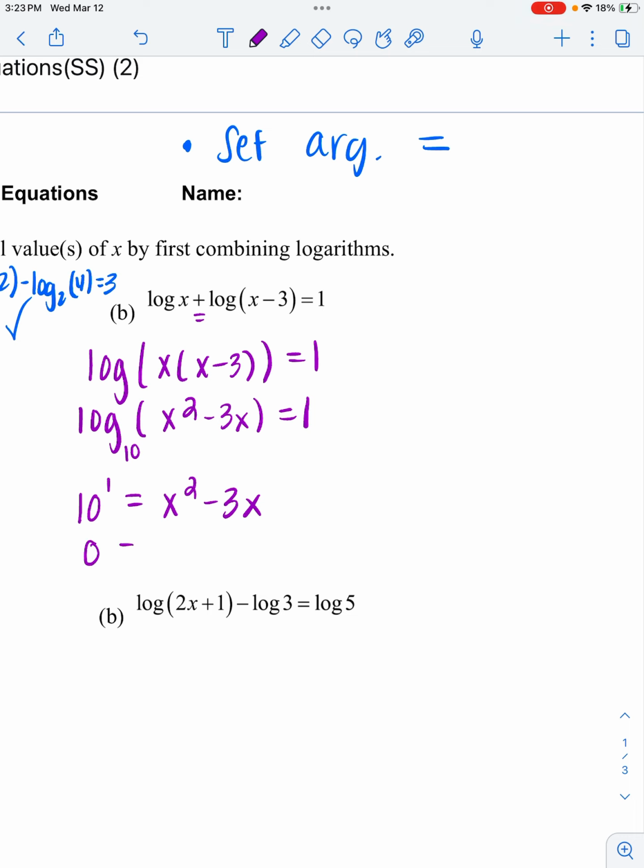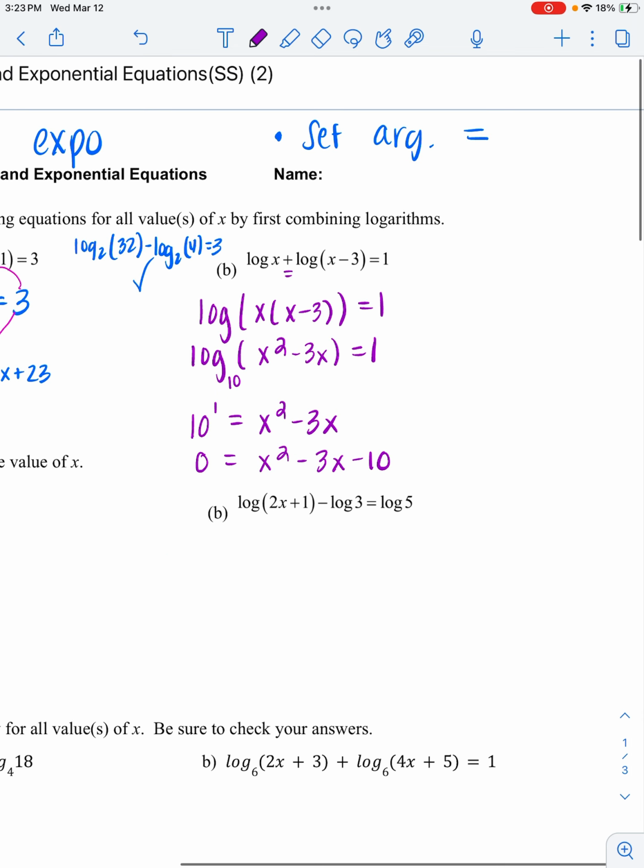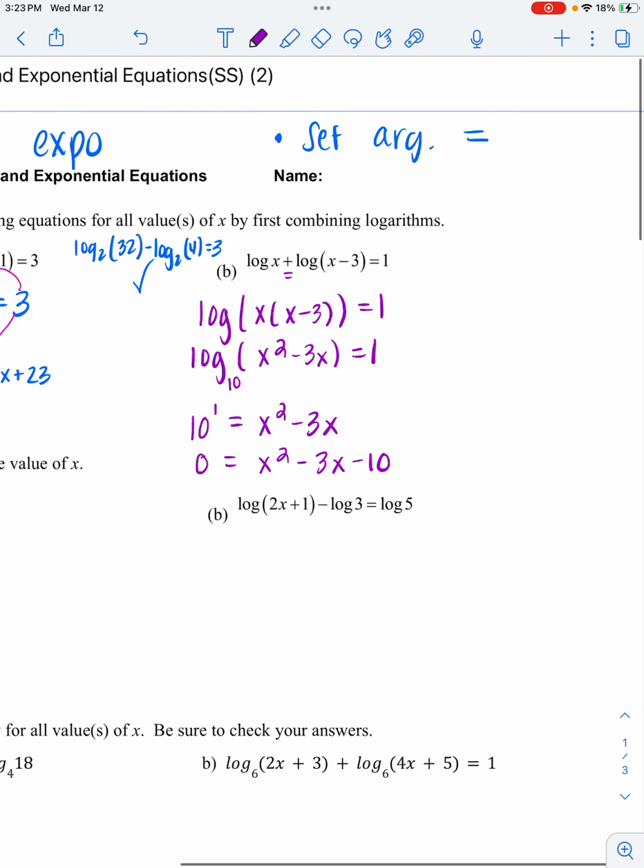So if I set this equal to 0, I get x squared minus 3x minus 10. You will have to remember how to factor to be able to solve some of these questions. Because to solve by factoring means I need to figure out what times what is negative 10 that adds to negative 3. So that's negative 5 and 2.